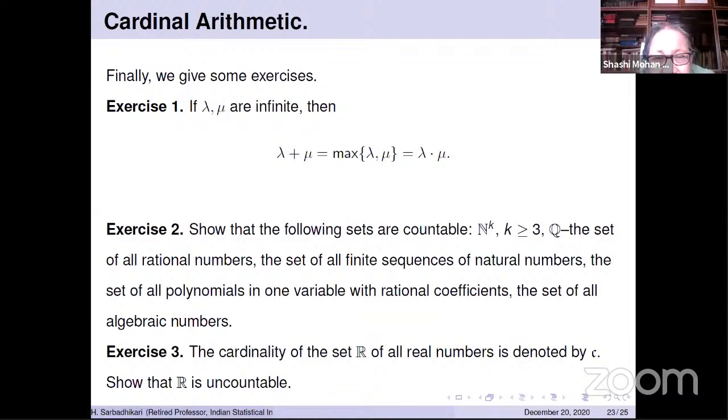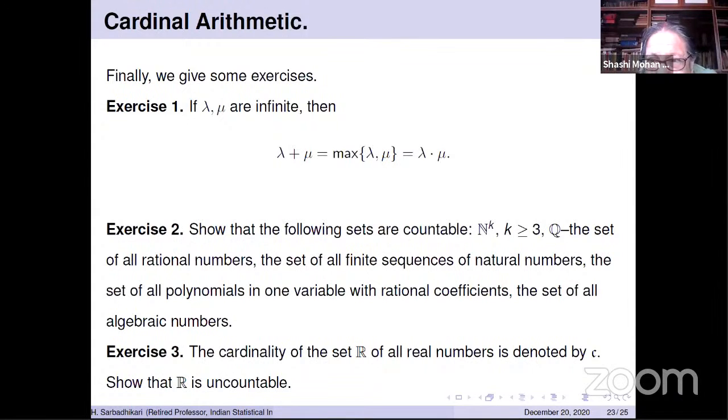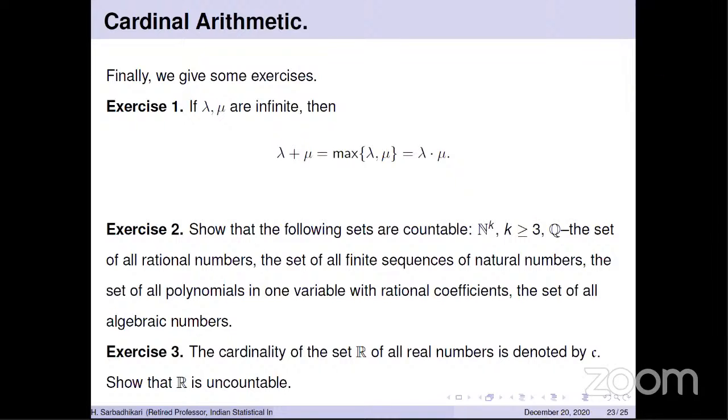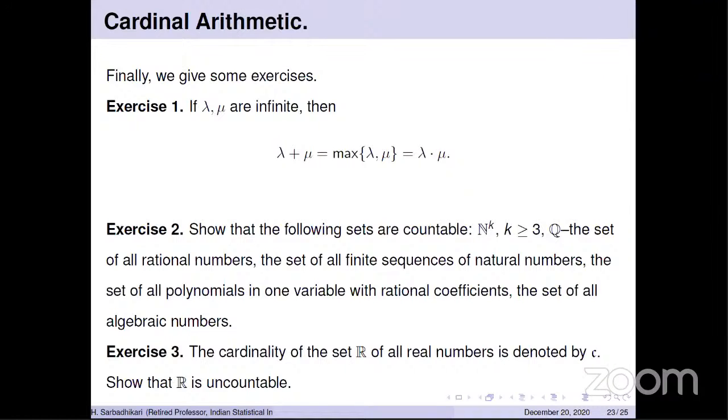We used something similar, like lambda plus lambda equals lambda. I think we'll need this one, lambda plus lambda equals lambda and mu plus mu equals mu, and I think we can work from there.